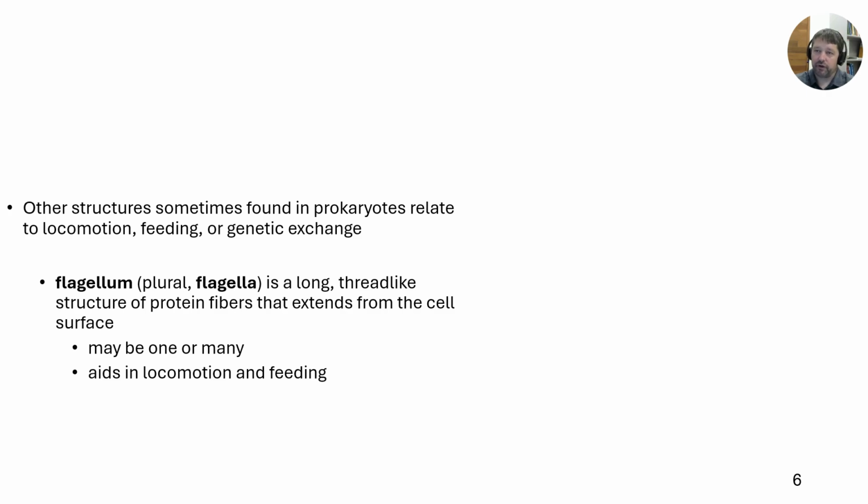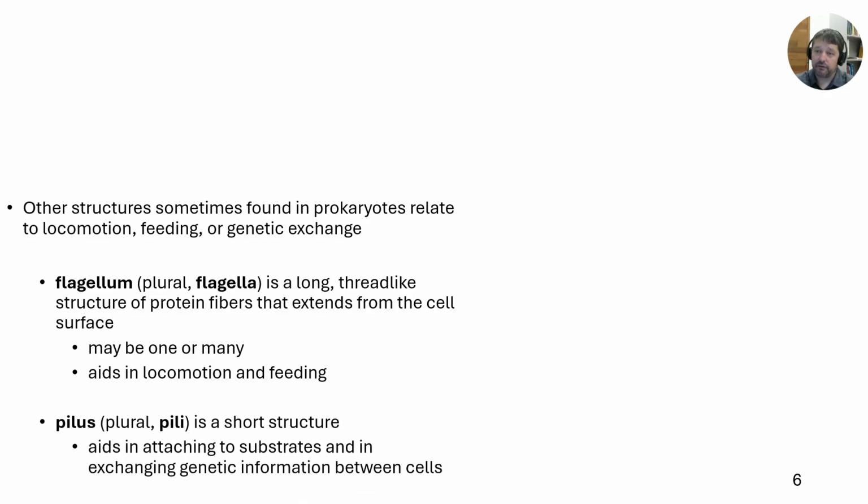Most of the time this is used for locomotion, but sometimes it's used for feeding. It can whip material and push material into kind of a feeding groove, and then that material gets stuck in this feeding groove and engulfed, and we'll talk about how that works. It's called phagocytosis, when the membrane reaches out around a chunk of material and pushes it in.